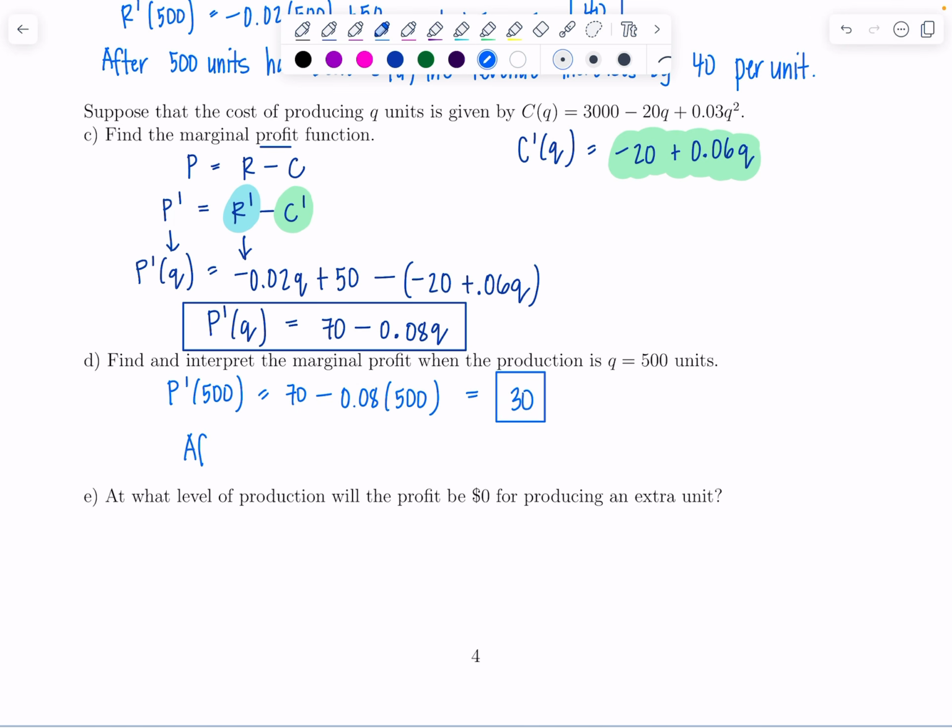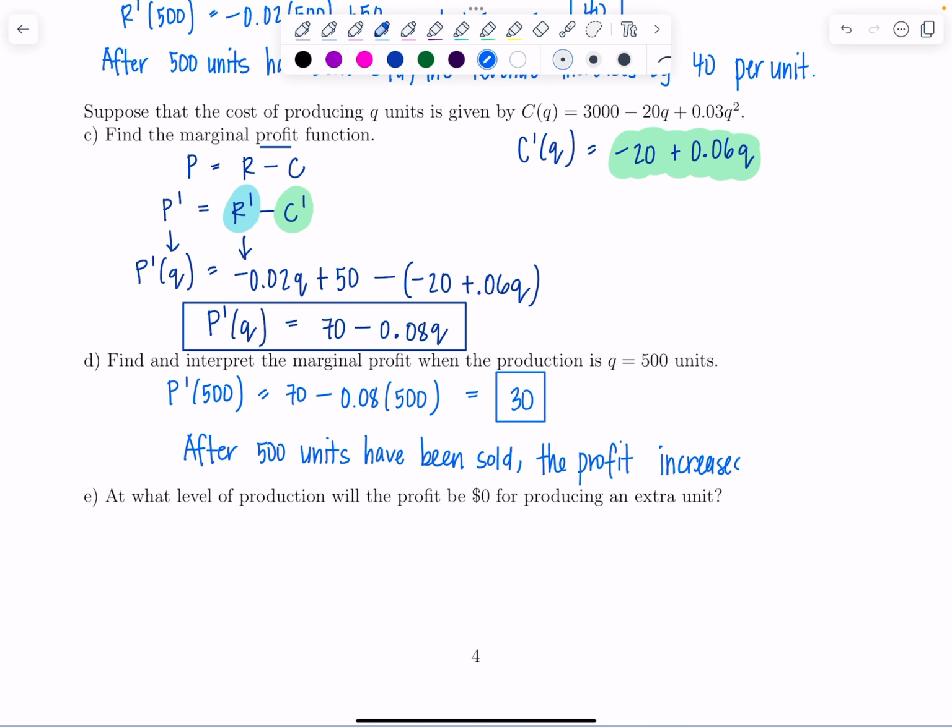So what this means is after 500 units have been sold, the profit increases by 30 per unit. Okay?